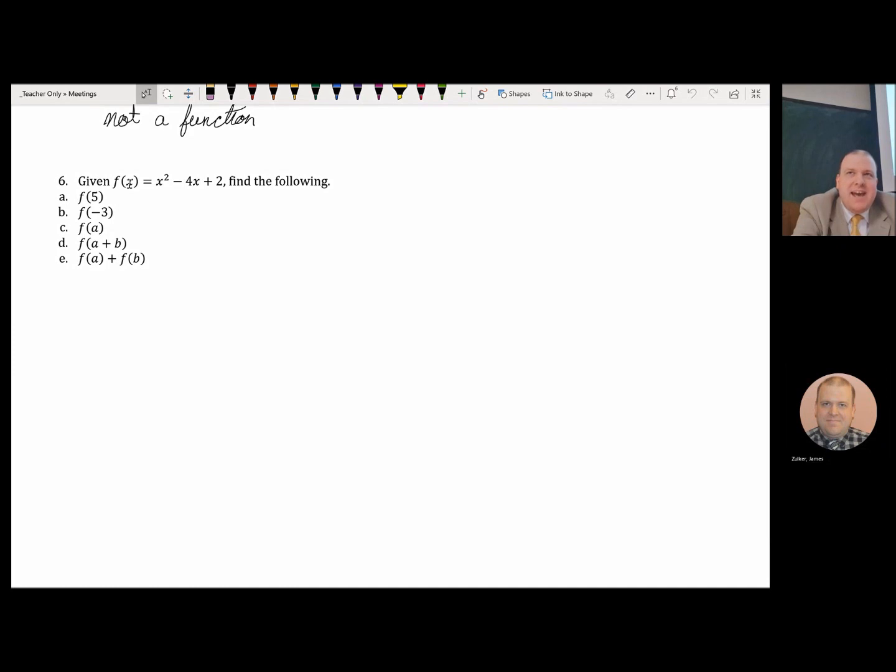The input is x. x is also called an independent variable. I want to find the following. Start with f of 5, right?